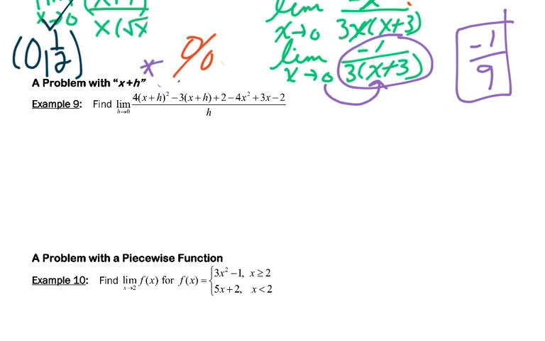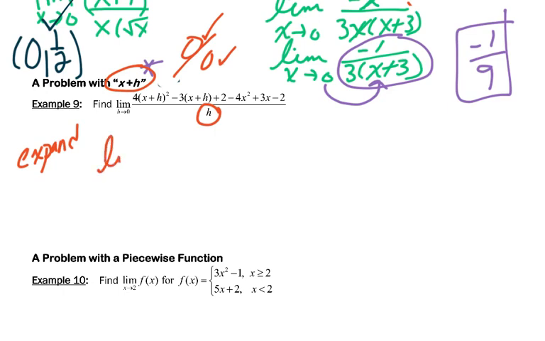When that happens in this x plus h scenario, what you need to do is start expanding things. Again, h being 0 on the bottom is causing a 0 on the bottom, which means there's a singular factor of h on the top. You need to find it, factor it out, and cancel it.